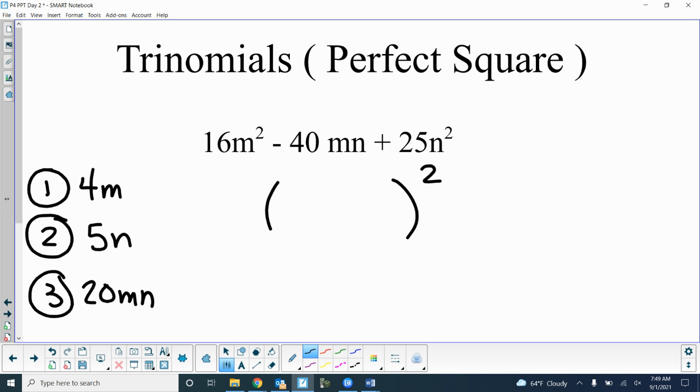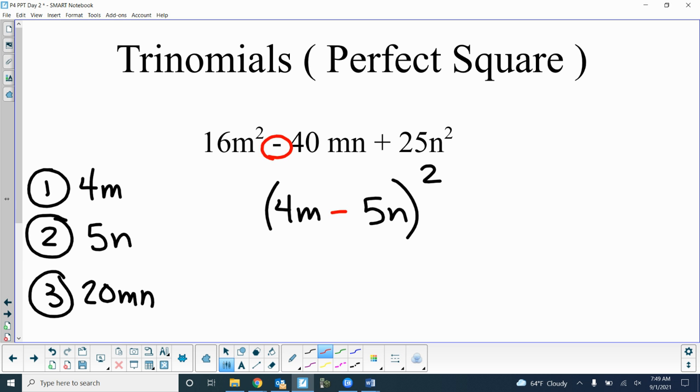And then what you got for number 1 goes in the front of your parenthesis, and what you got for number 2 goes in the back. And then whatever the B sign is, goes in between them. So that would be factored now. Okay?